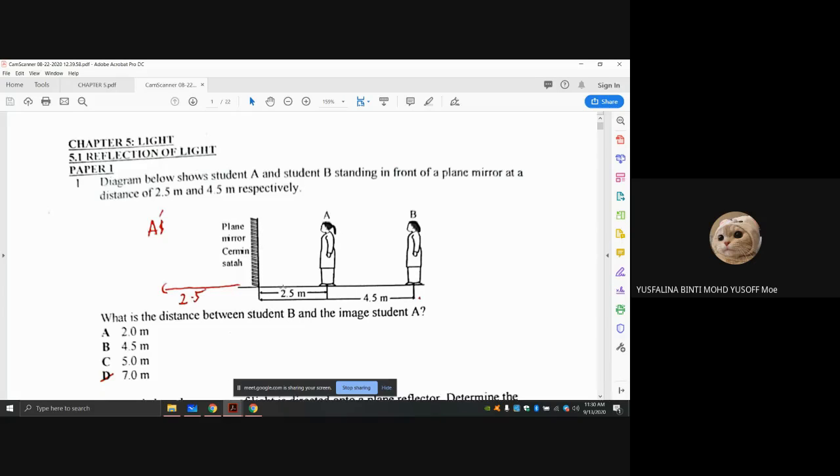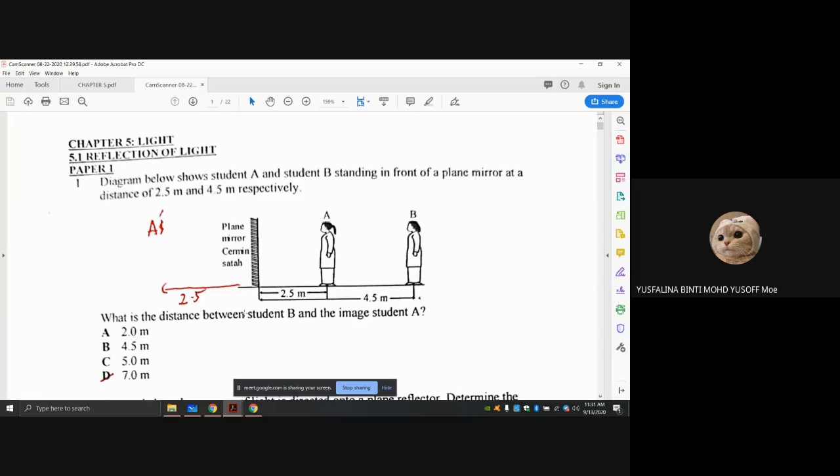Okay, so because they ask you about the distance, the distance of the image of student A must be the same as the distance of the object A, the same distance. So this one is 2.5, which means the image here should be 2.5 also.